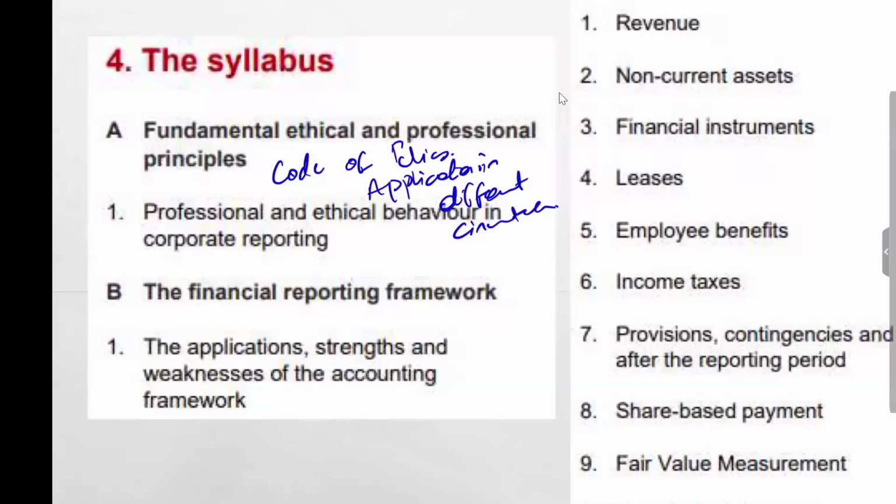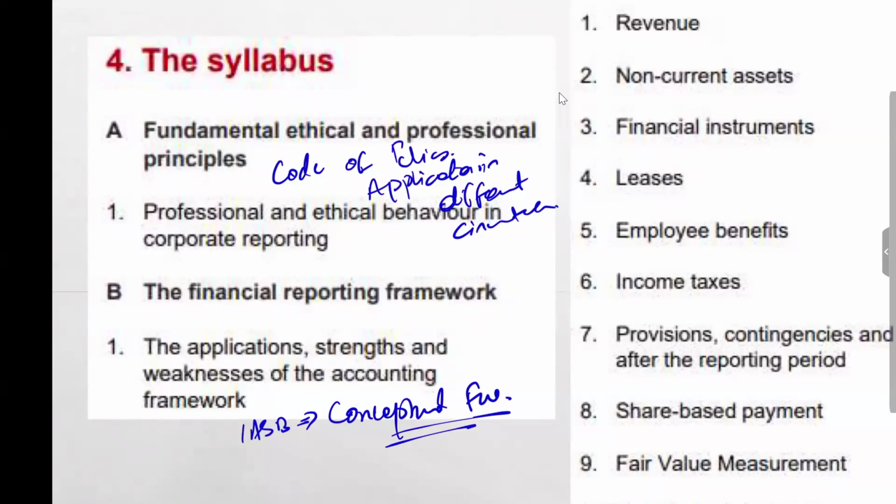Secondly, the financial reporting framework. As I told you, the IASB has issued a conceptual framework.